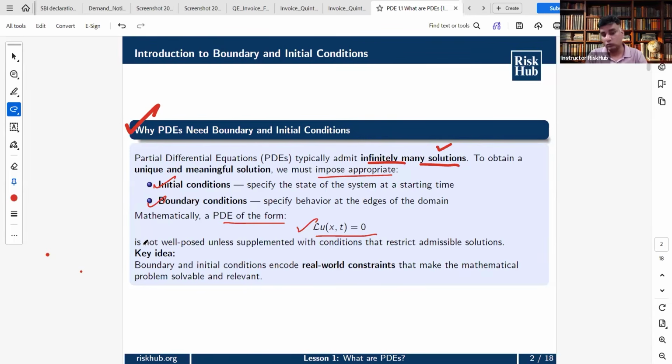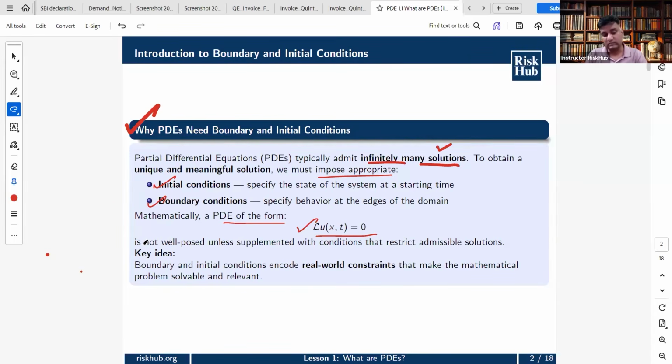Here, U of x, t is the unknown function we want to solve. x is the state variable, such as asset price, t is the time, and L is the differential operator. LU is the rule that the function must satisfy, right? You should think of it as a machine containing derivatives.